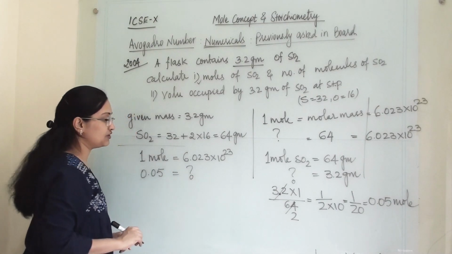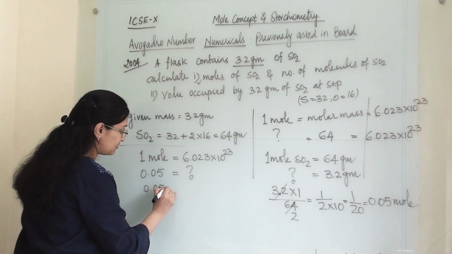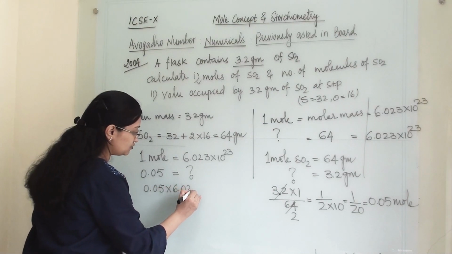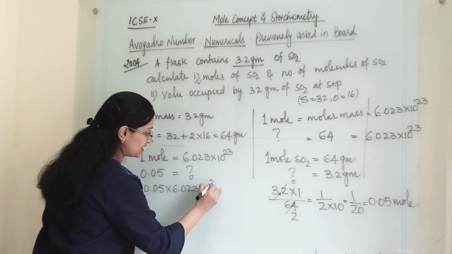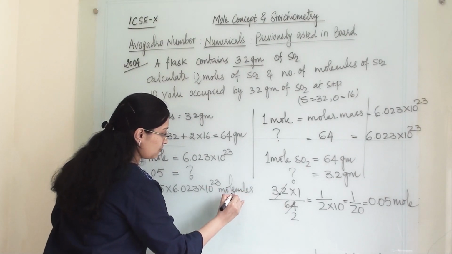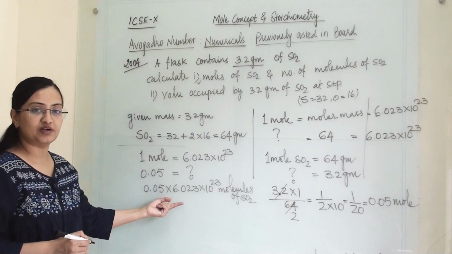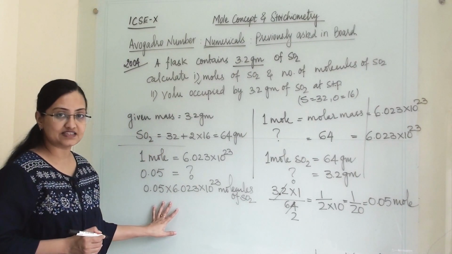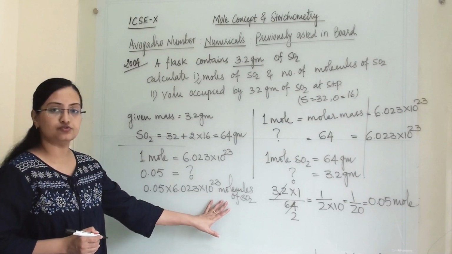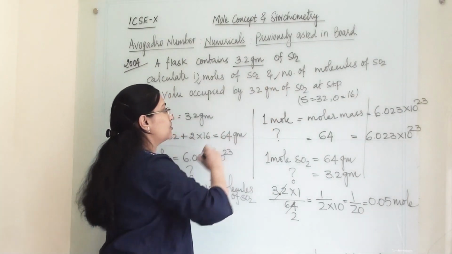So how many molecules will be there in that? Simply 0.05 into 6.023 into 10 raised to 23 molecules of SO2. This will be the answer. You don't need to multiply here. You can leave it as it is, that this many molecules of sulfur dioxide will be there. So we got this answer also.